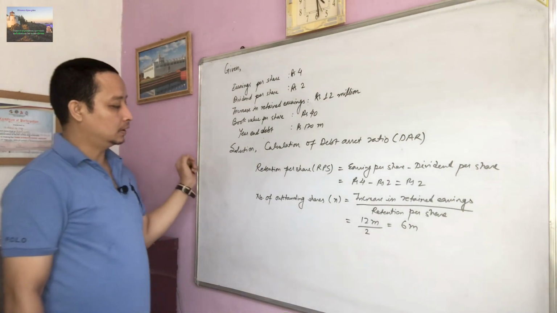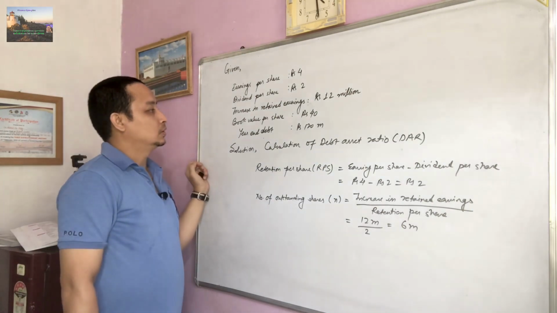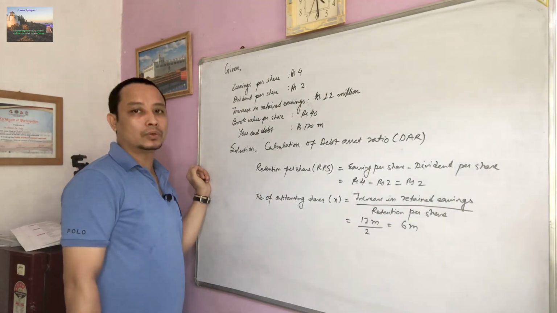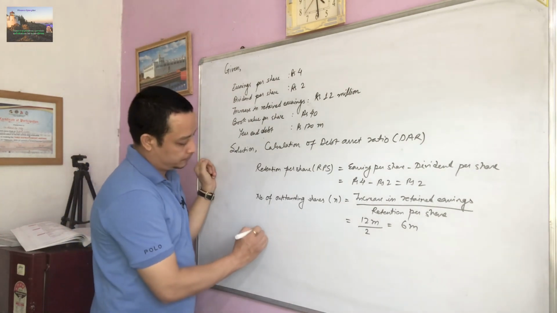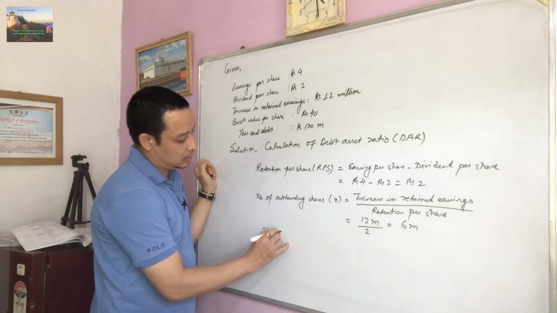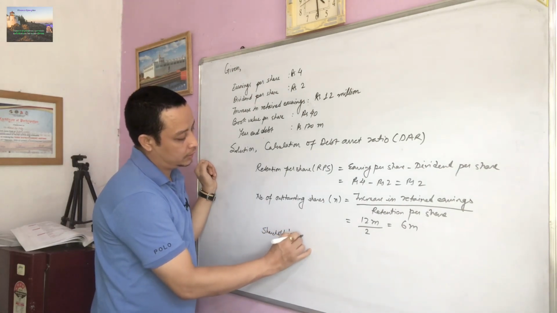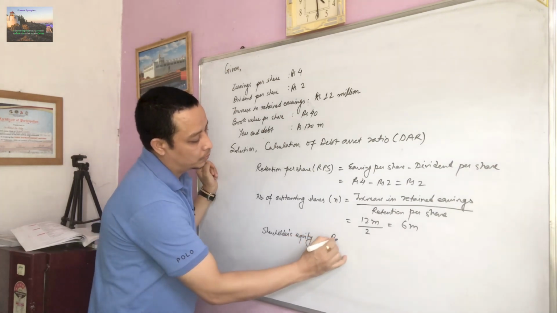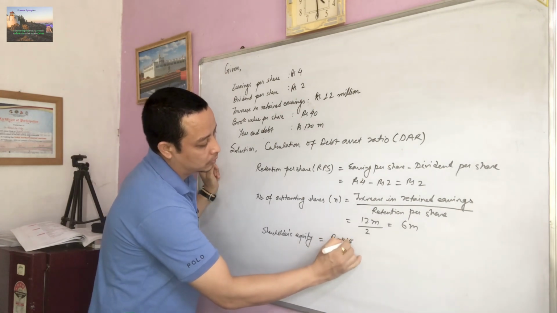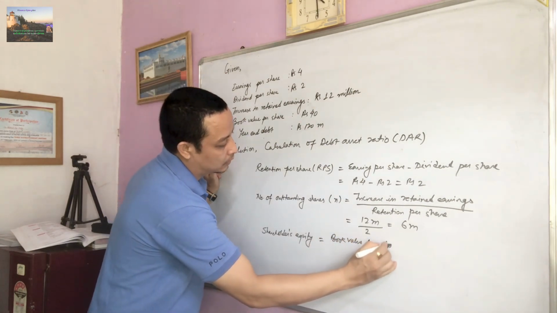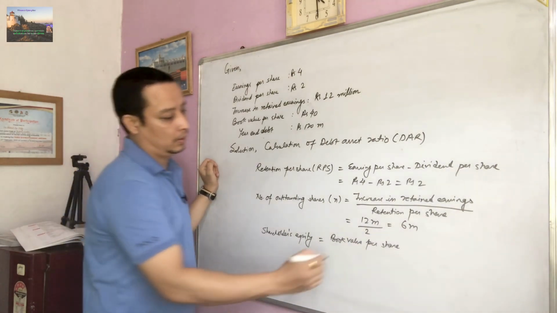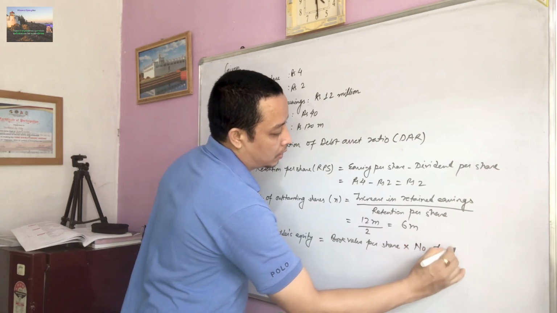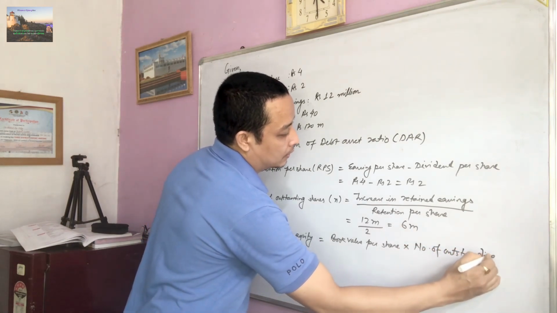So 6 million is the number of outstanding shares. Now after finding the outstanding shares, you can use book value per share to find the shareholder equity. Shareholders equity equals book value per share into number of outstanding shares.